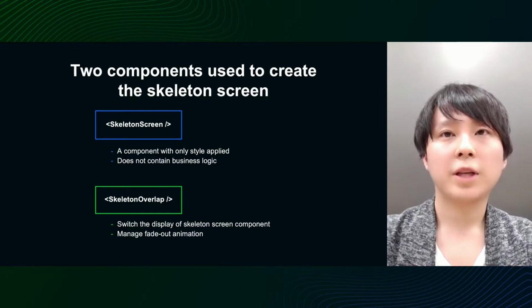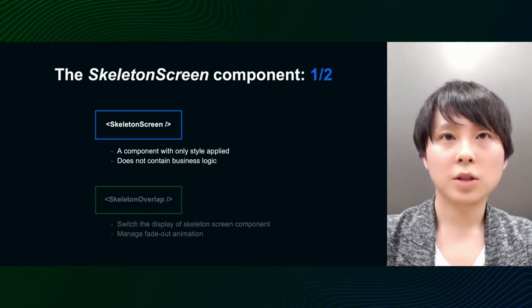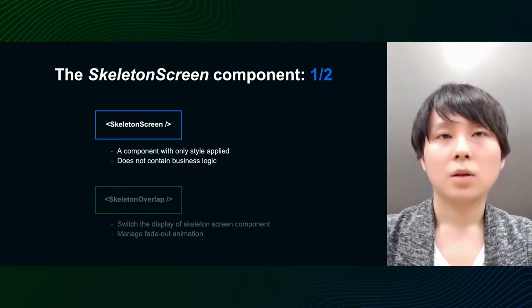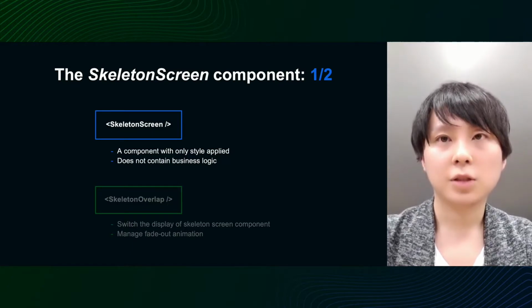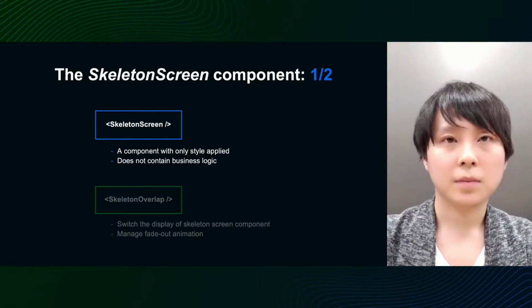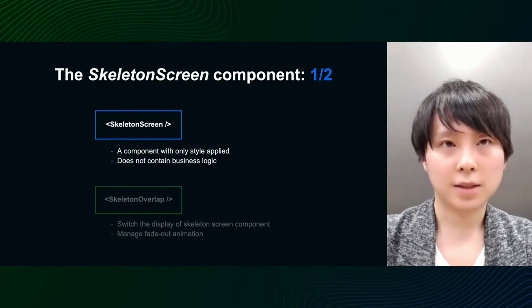It was actually implemented in two separate components. The first is the skeleton screen component, which is responsible for the design of the skeleton screen. This component does not contain any business logic, but only HTML and CSS styles applied. It is a presentational component in the sense of React.